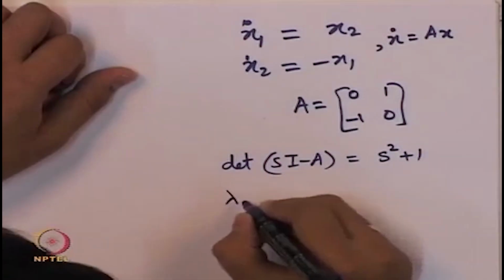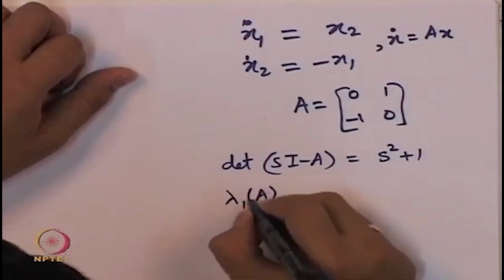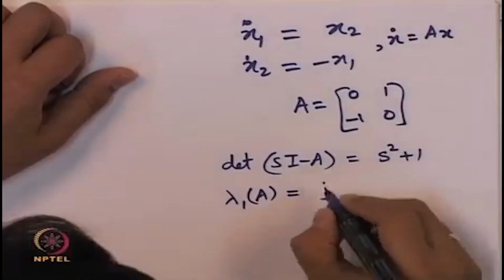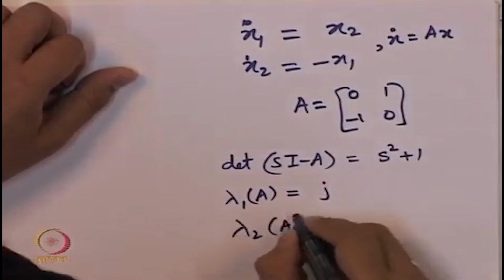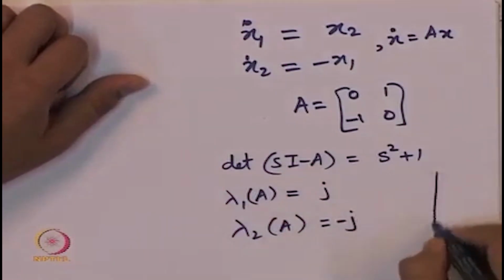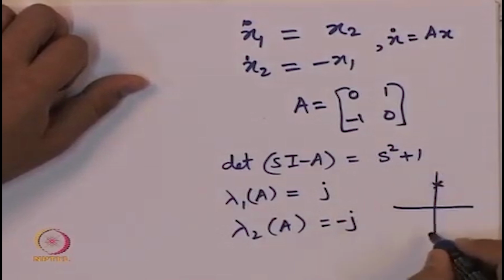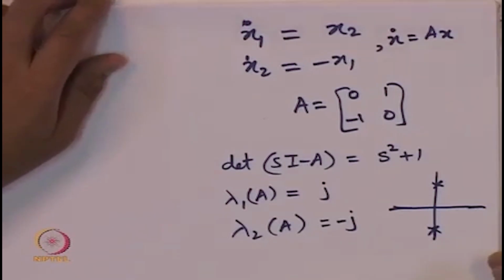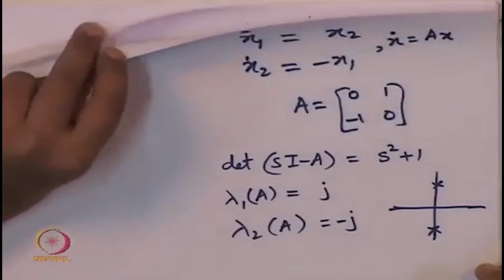So the eigenvalues of A are plus and minus j. In other words, there are two eigenvalues both on the imaginary axis, which suggests that there are periodic orbits. The equilibrium point (0, 0) is a center for this particular A.